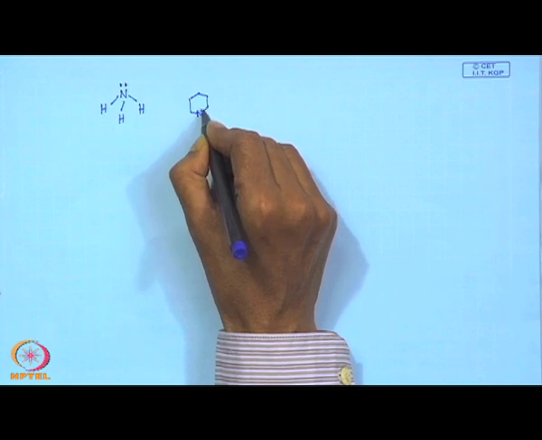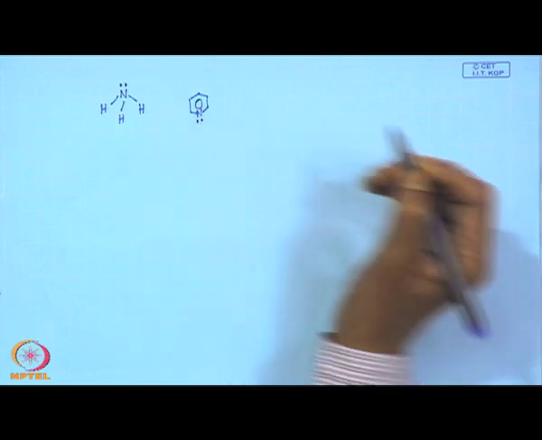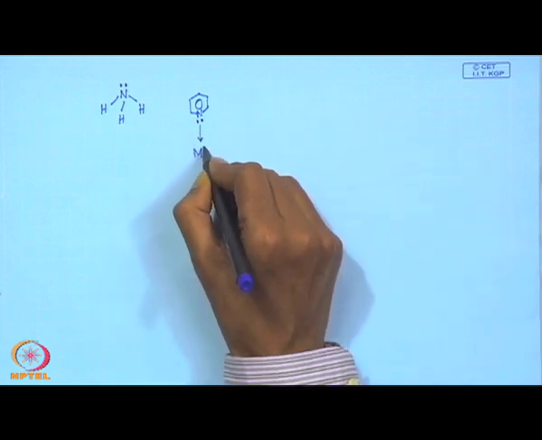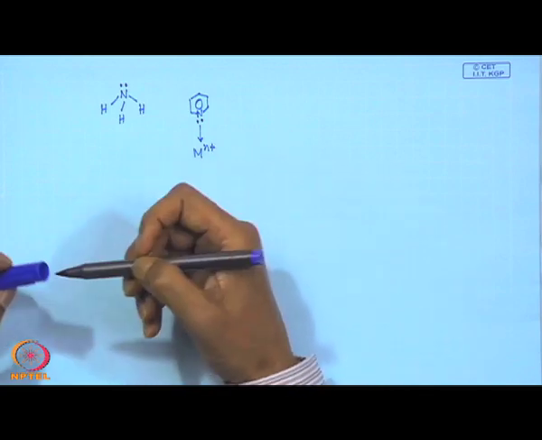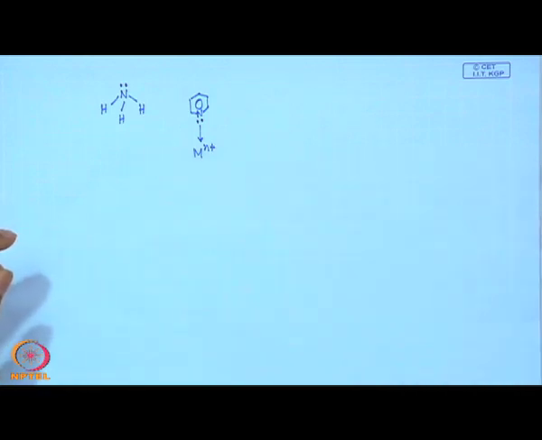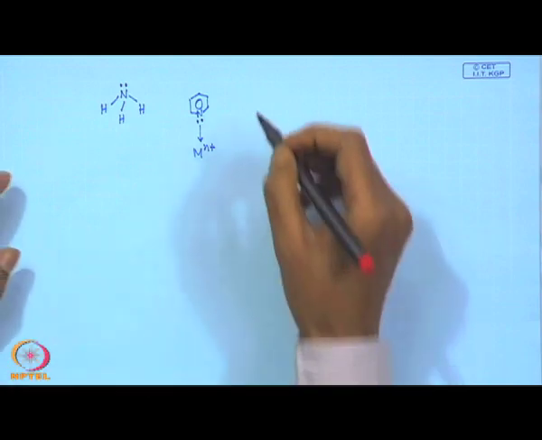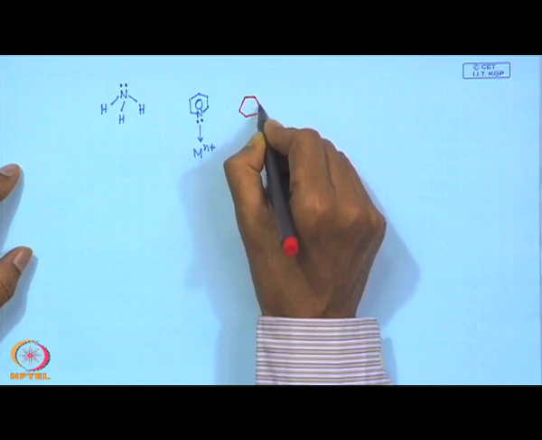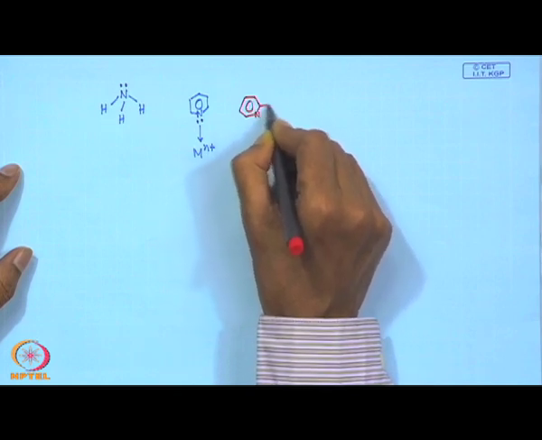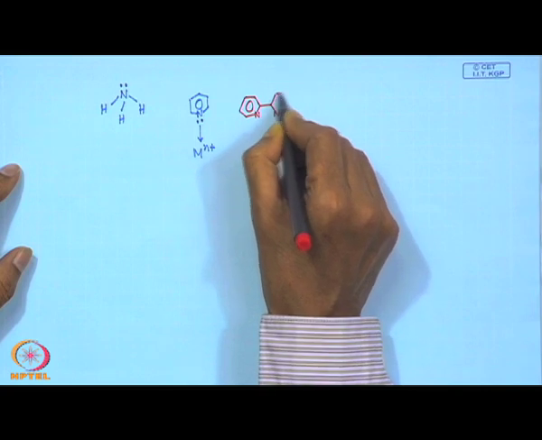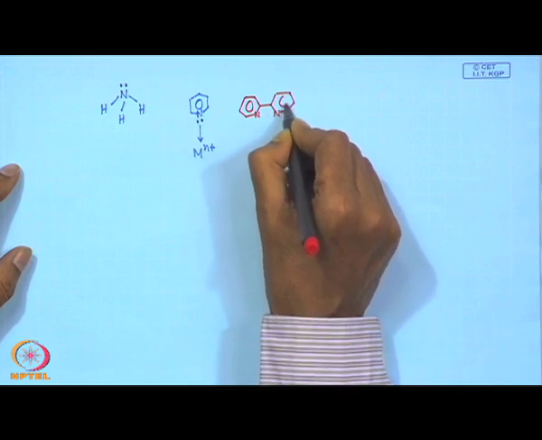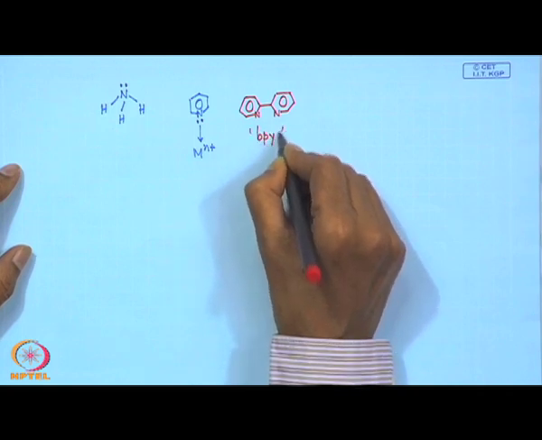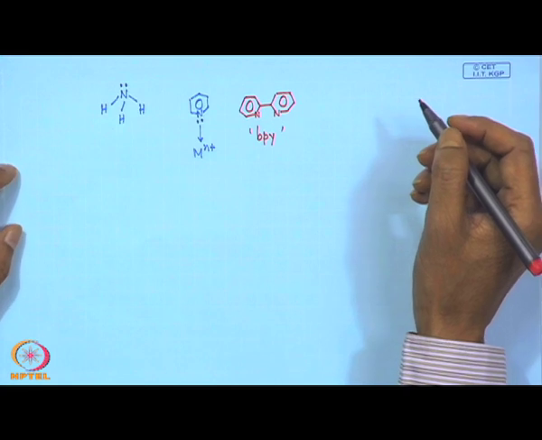Then we see that the pyridine lone pair also can be donated to the metal center, and if two of the pyridine donor atoms are present side by side, we get the bipyridine ligand, which is abbreviated as BPY.